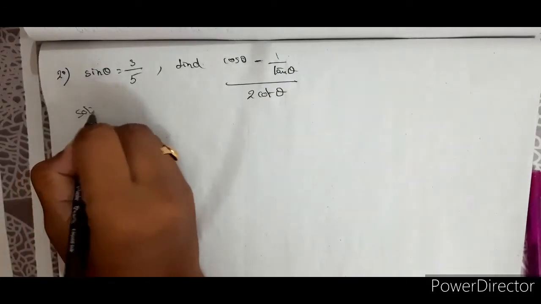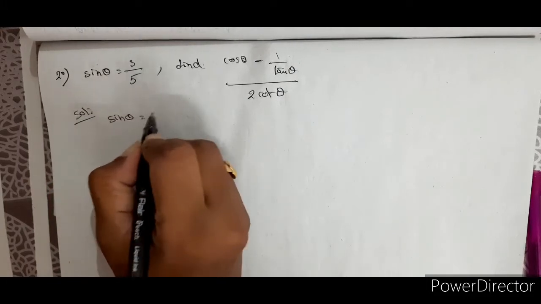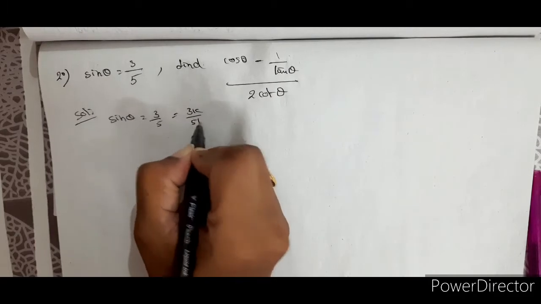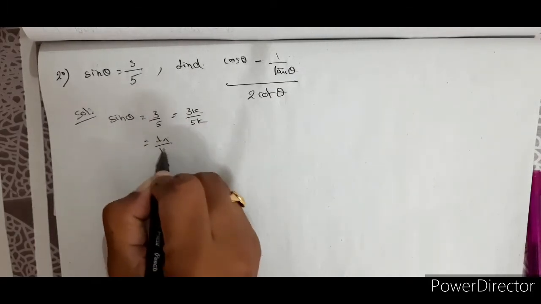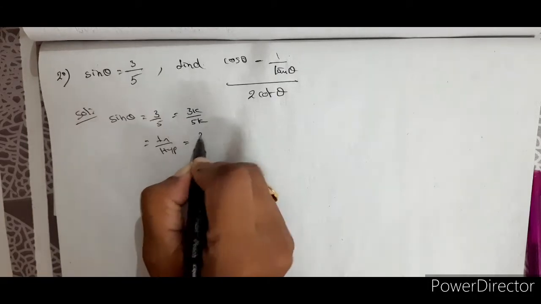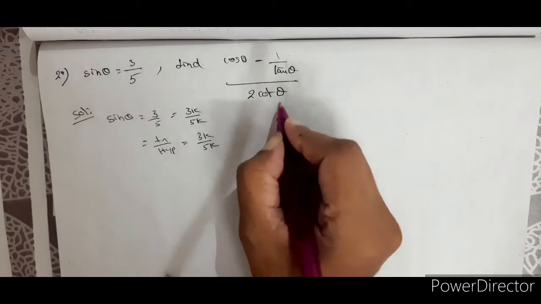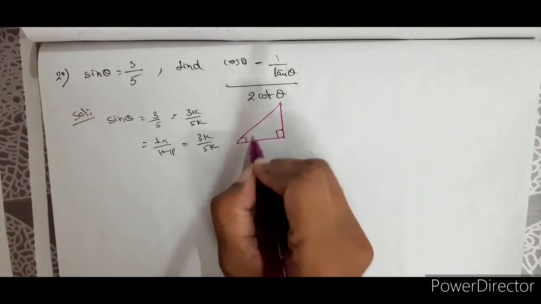As usual, now in the solution you have 3 parts. So the first part is to know the sides, 3k by 5k as usual. Sine is defined as perpendicular divided by hypotenuse, which is equal to 3k by 5k. Now draw a right angle triangle, right angled at this point, and this is theta.